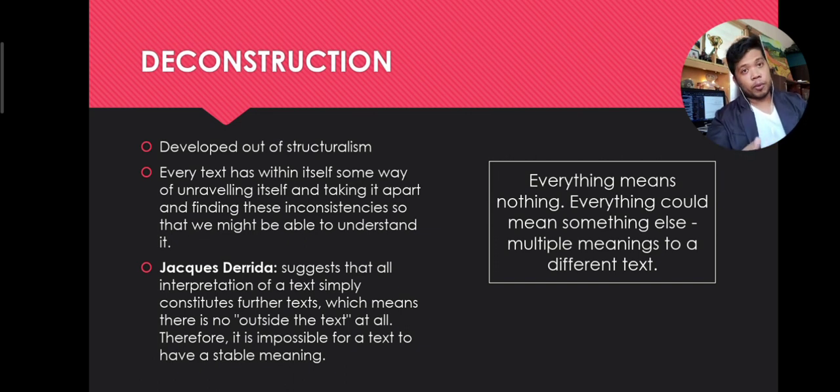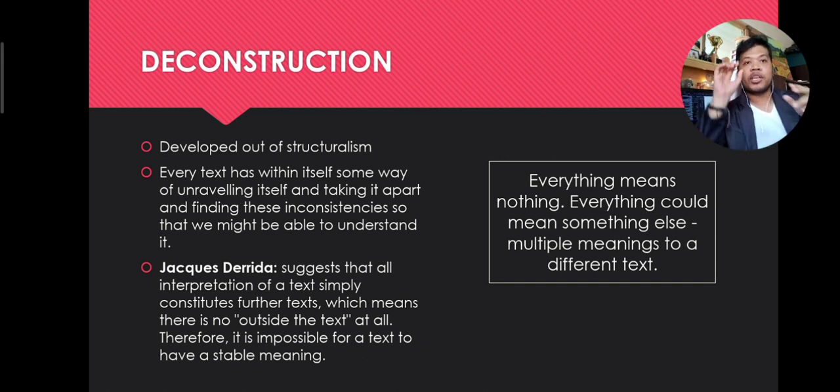Now here comes the tricky part. When you're doing a structuralist approach to a particular art form, why do we feel the need to take everything apart? Well, for us to know the structure, we need to take apart the components.